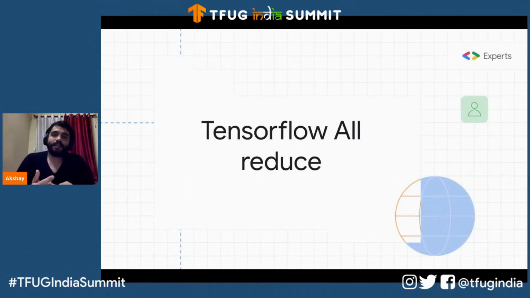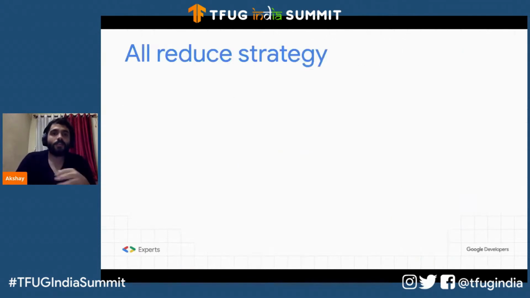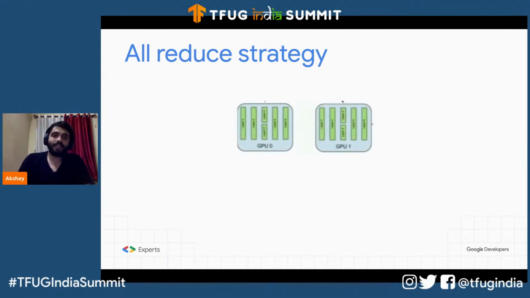Then there was a technique called all reduce, which I think was introduced by TensorFlow itself. It has been heavily used by TensorFlow as well as other open source frameworks. It uses an all reduce strategy, which is different from parameter server. Let's say we had 4 GPUs, and we are considering 2 GPUs at this point. GPU 0 will not talk to the parameter server.